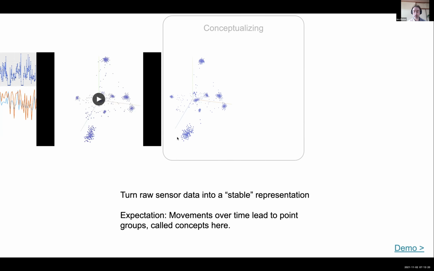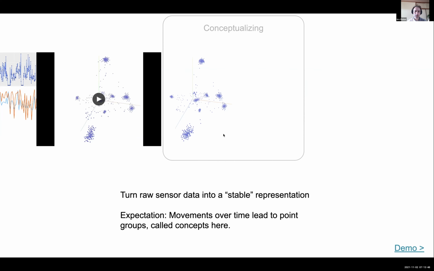We have a camera, a temperature sensor, internal voltage and things like that. Everything is fed into the computer of that robot, and the computer uses this time series data to create a cloud of data. I will explain more about that with the demo just after.